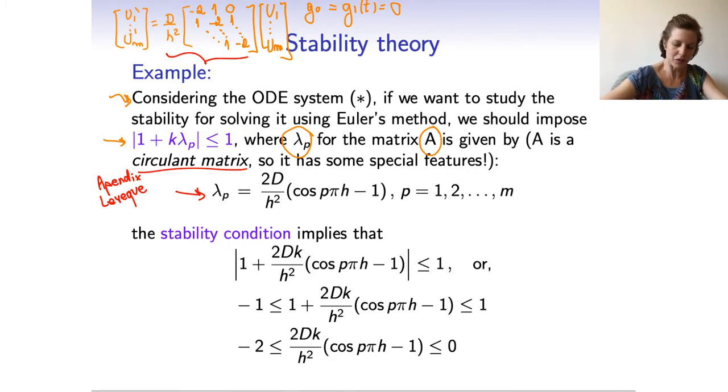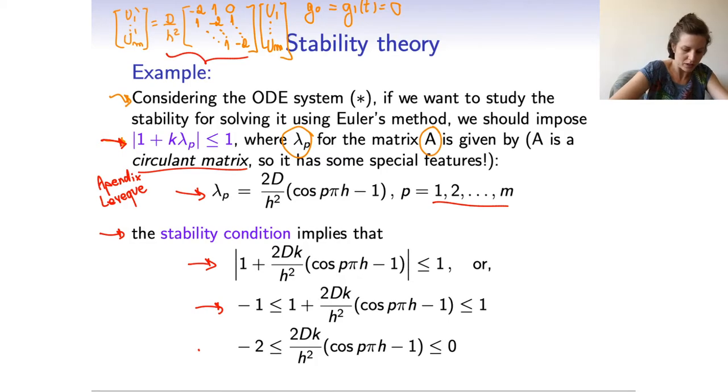So we have M eigenvalues, and substituting this here, the stability condition implies this, or removing the absolute value, it should be in the interval between minus 1 and 1, and therefore this should be between minus 2 and 0.